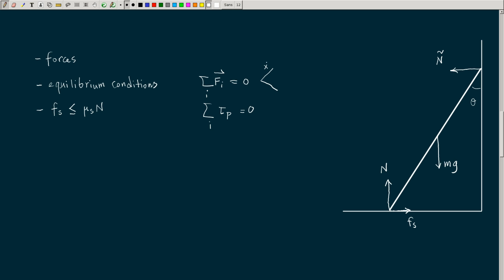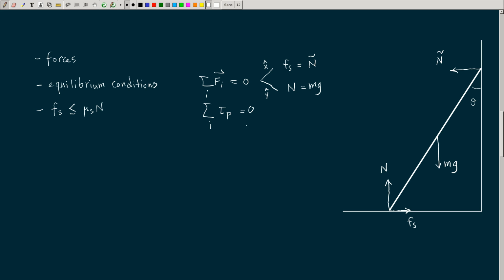This is direction x, so let's call it x hat, y hat. This is gonna be Fs equals n twiddle. And for the vertical direction, we only have n and mg, so they should be equal. Basically, n minus mg equals 0, and I'm just simplifying it.